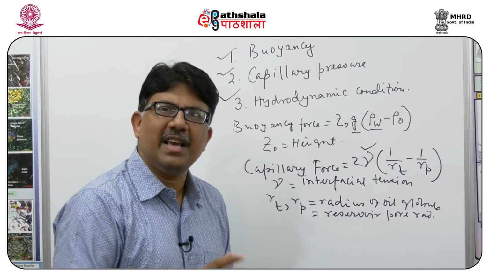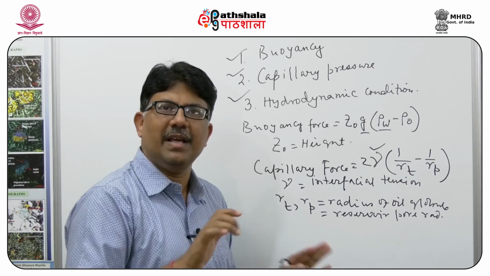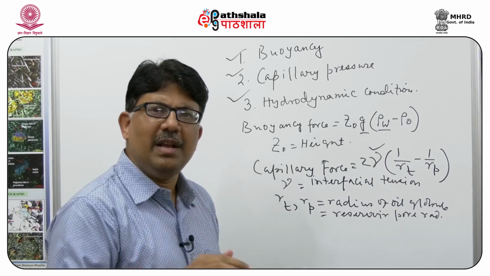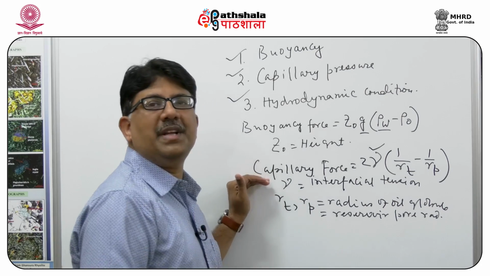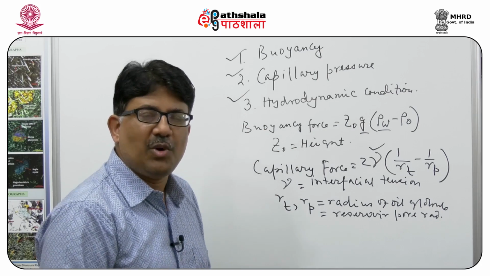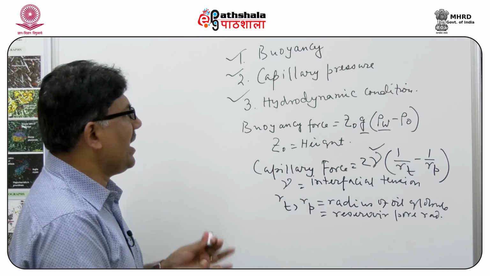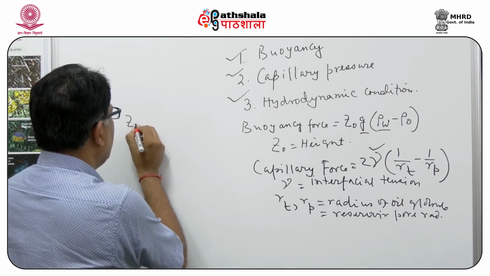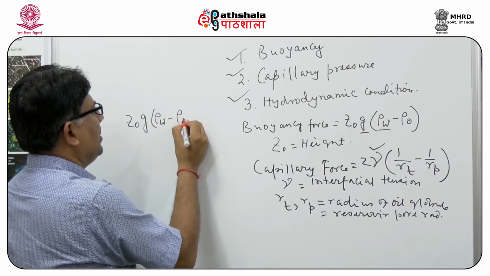Now we are discussing the hydrostatic case in an equilibrium condition. In an equilibrium condition, the buoyancy force will be balanced by the capillary force. So we get Z(ρw − ρo)g equal to 2γ(1/Rt − 1/Rp).